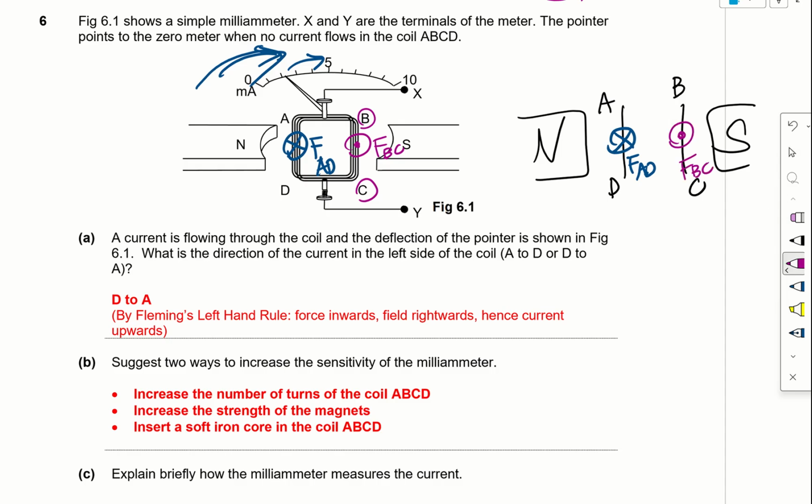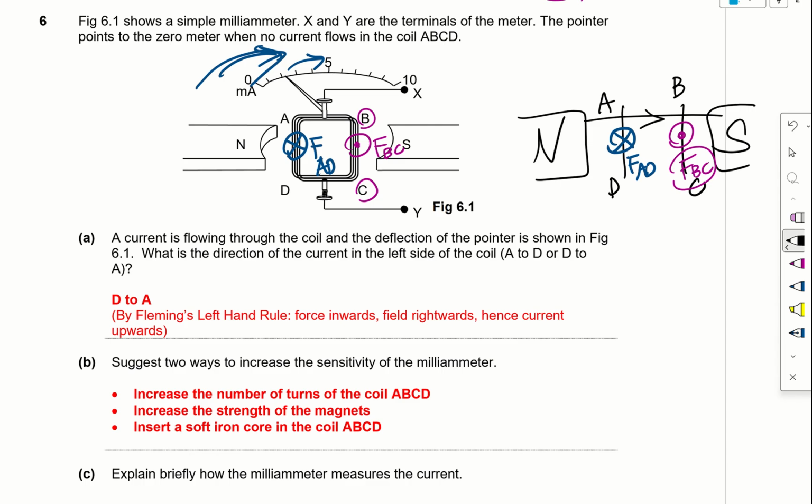Okay, so since I know the force, I will need to use my thumb. Okay, I find it easier to do on BC. Because the thumb for me right now is pointing to myself. Okay, because the thumb represents the force, and the external magnetic field is from north to south. So my first finger is actually pointing from left to right.